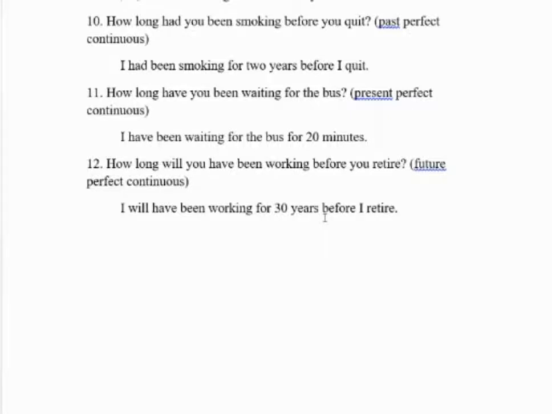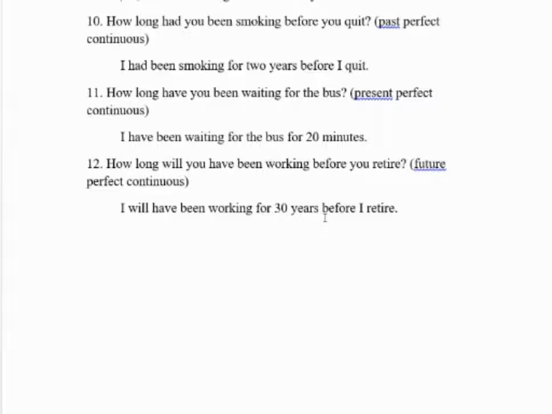So, because I'm talking about the past, I always use had. And because it's continuous, we use the verb to be in this shape: I had been. After been, we have to use a verb with ing. We will come to the rules of every tense.